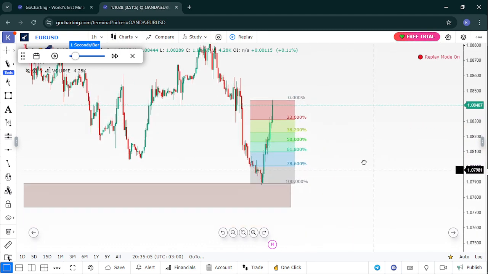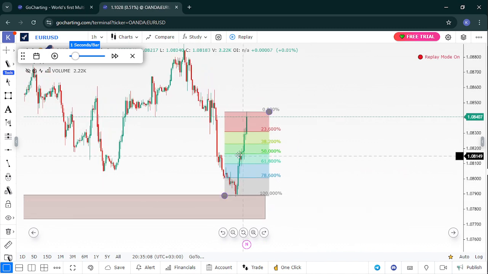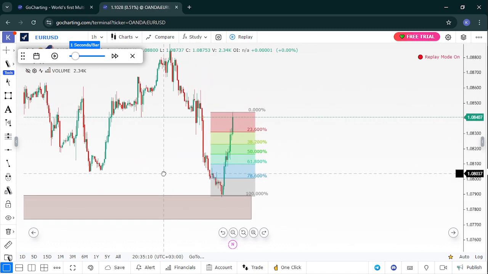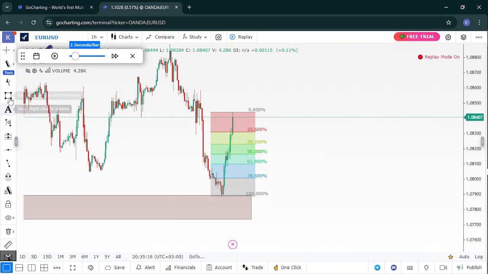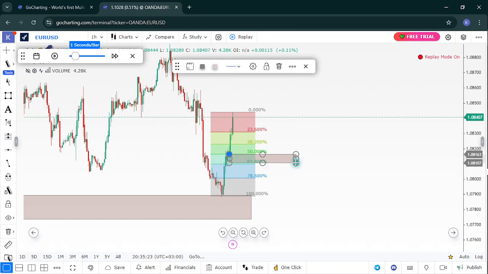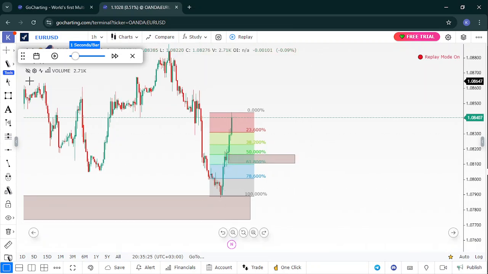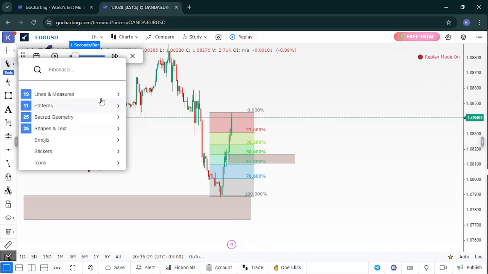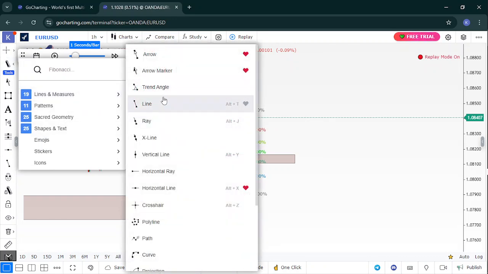Let me hope that this is very clear. Then your buy entry, place it between 50 and 60%. Let us confirm that. At this point, you place your entry. The stop loss, let me show you where you will place your stop loss so that you cannot lose this trade.